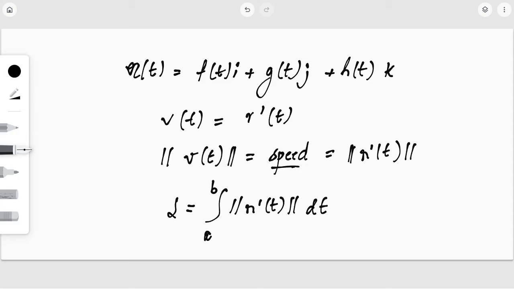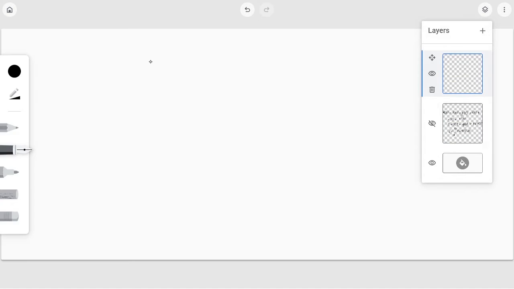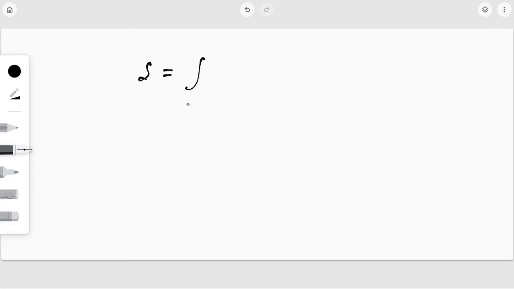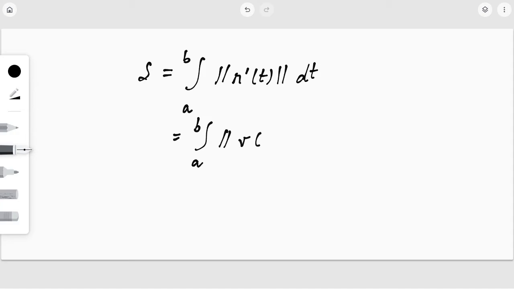So we can easily find the relation between the speed of a vector function and its arc length. The arc length is the integral from a to b of the magnitude of r dash of t dt. Now what is r dash of t? In this section we have discussed r dash of t to be v of t, right? Now s is the integration of this function.